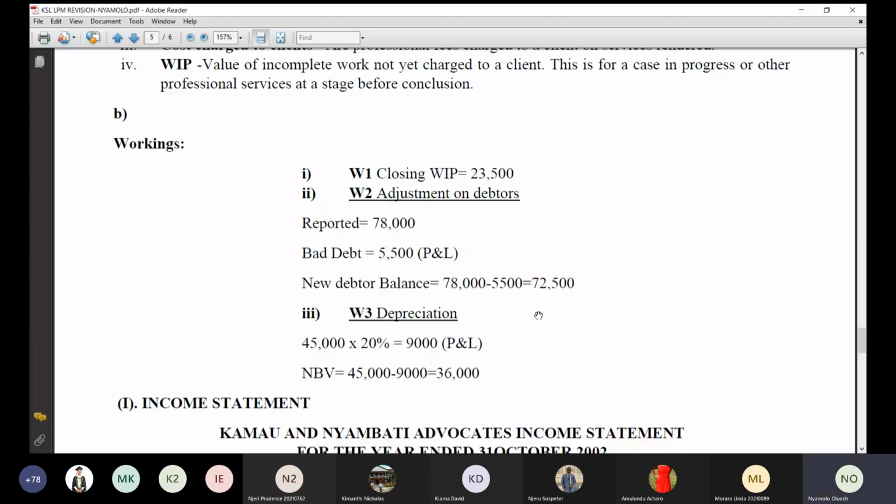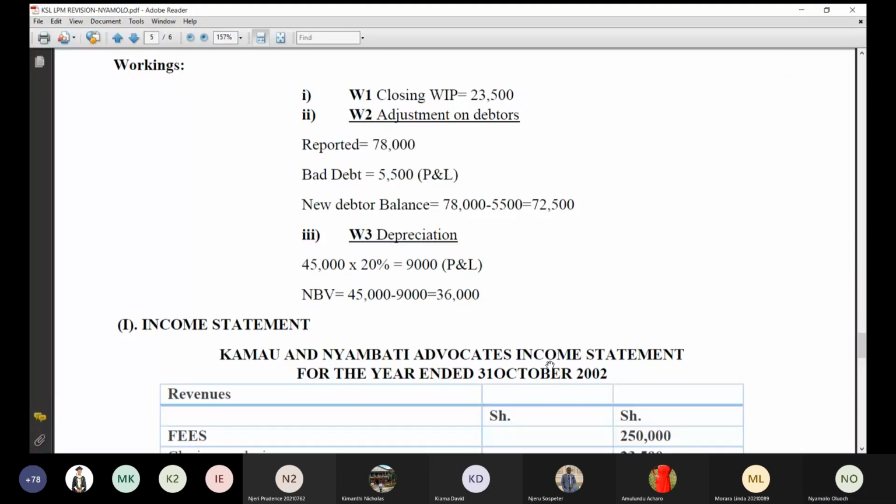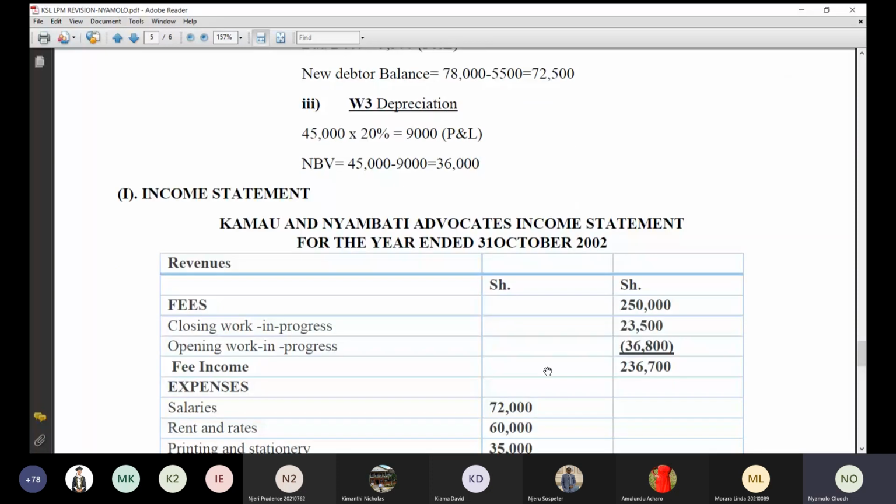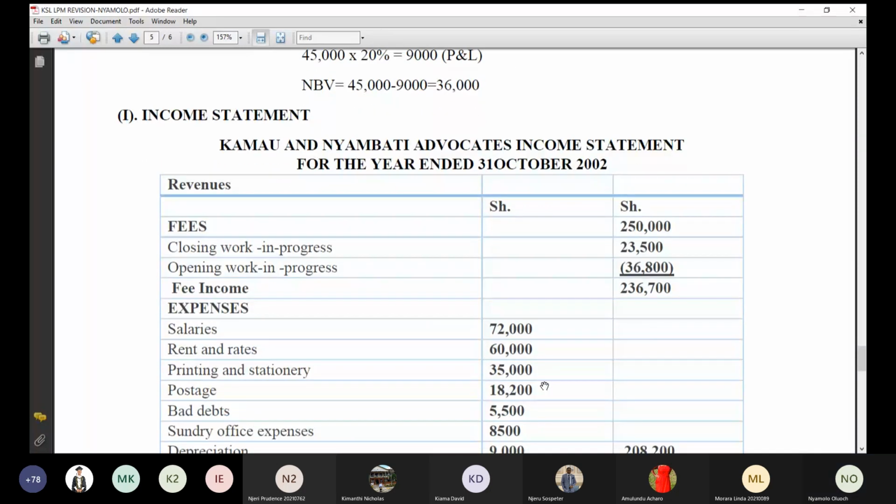So we said that depreciation, the working, we've done there. So I worked my fees income in the income statement. And for us to be able to get our fees, it is the cost charged to clients.